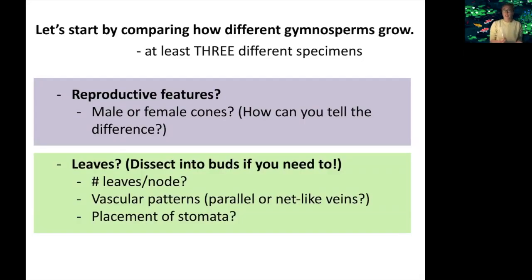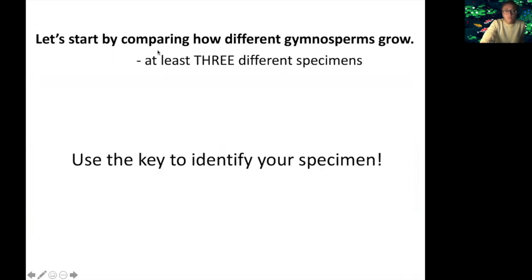So then, activity 2, we will be going over reproductive features of male and female pine cone cross sections. And right, so I'm going to ignore this dissection step.